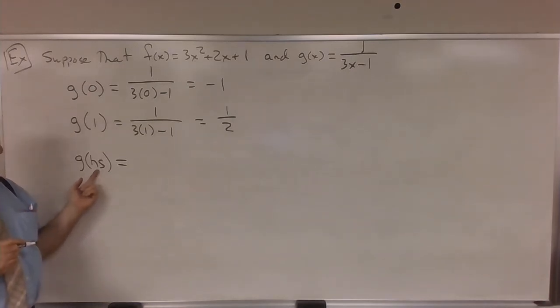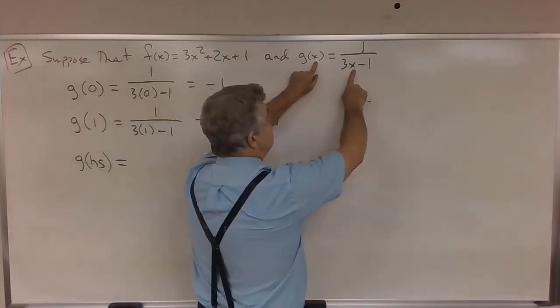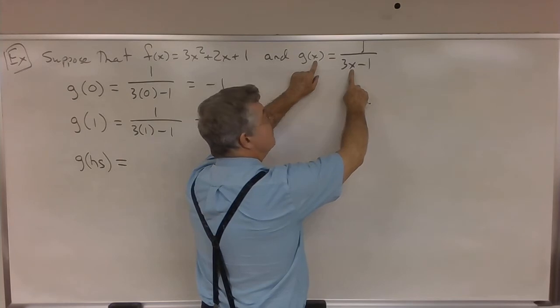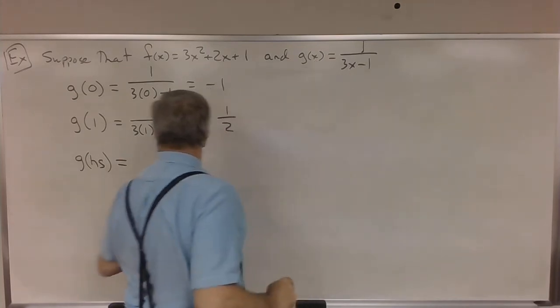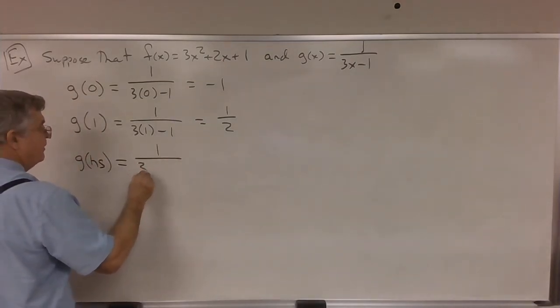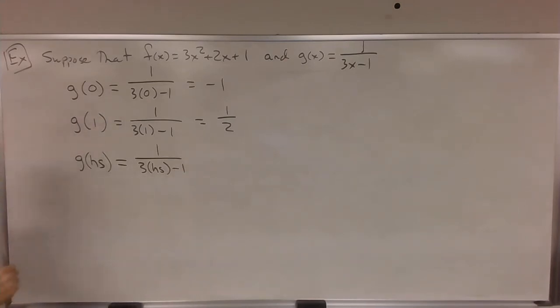Down here, the ham sandwich plays the role that x plays up here in our model. So every place that we see an x up here in our model, you guessed it, we're going to put a ham sandwich down here. So we get 1 over 3 ham sandwiches minus 1. Beautiful.